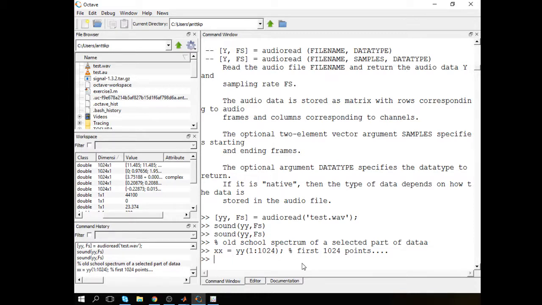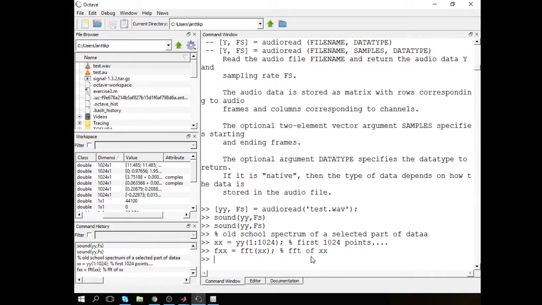Okay, and then I can do the fast Fourier transformation of x. So that's just FFT of x, which is a complex number. We need power, the signal power, not the signal amplitude in the complex plane.